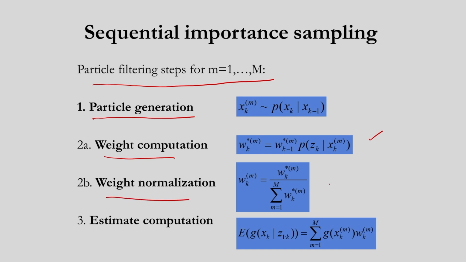The weight normalization we do using this equation. And finally we have to estimate the states, that is the estimate computation. So these are the steps: first particle generation, then assigning the weights for the particles, then weight normalization, and estimate computation.